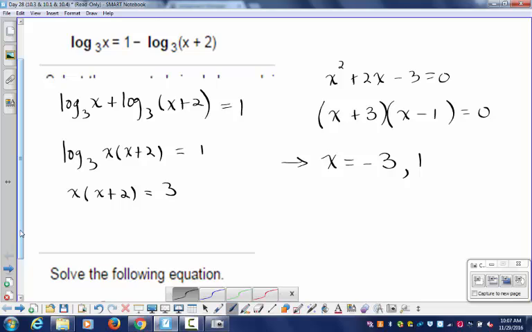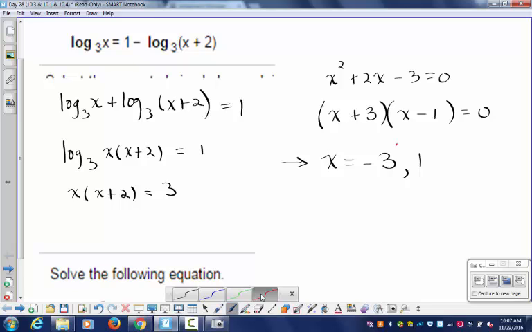And then what's the last step? We have to check. We have to check and make sure that we're not taking the log of a number that's equal to or less than 0. And are we? If we plug in negative 3, are those okay?